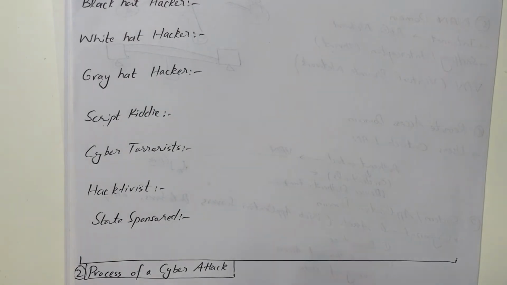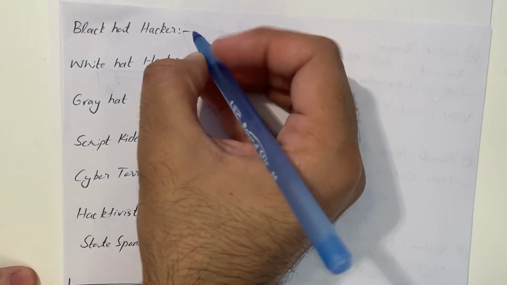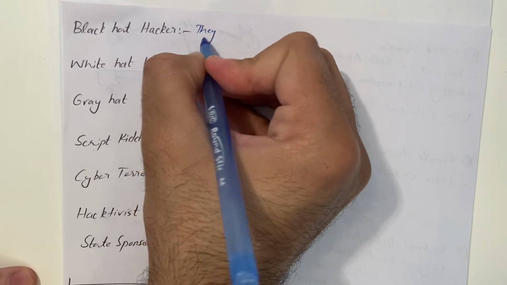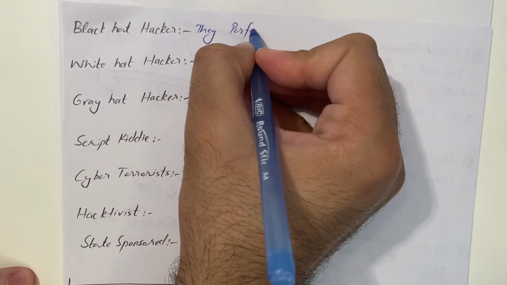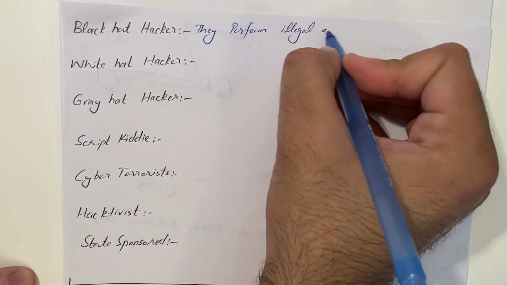Now, different types of hackers. I believe everybody is already familiar with the different types of hackers, but let me just give you a one-line definition that you need to know. These are the 7 main characters of the information security world. First is the black hat hacker. They perform illegal activities.